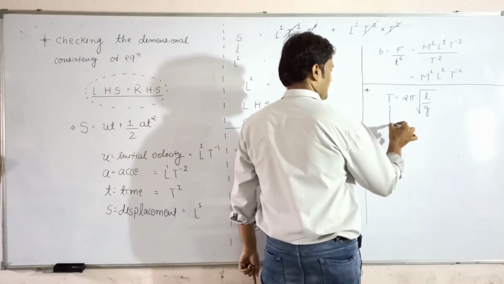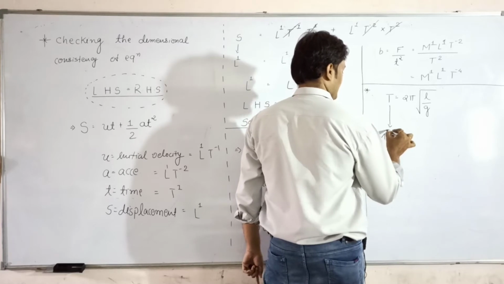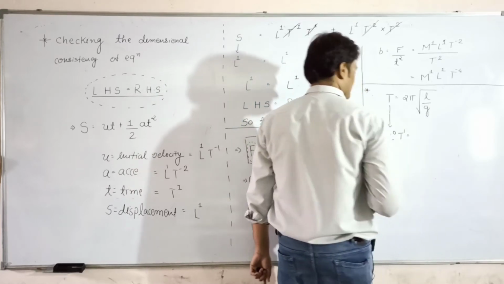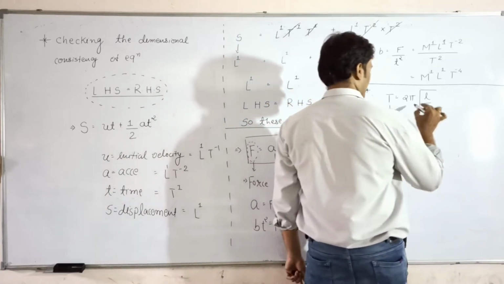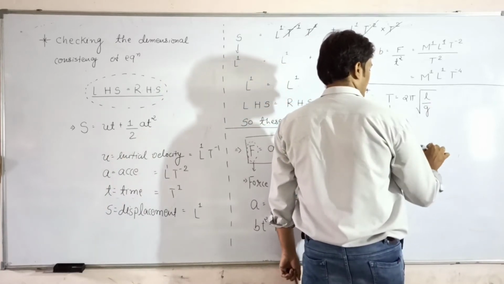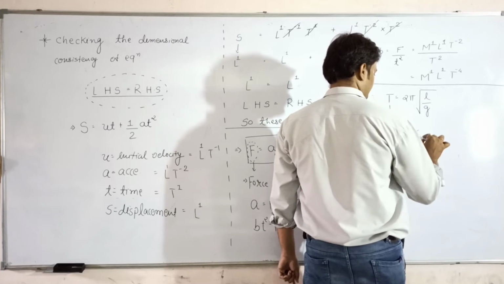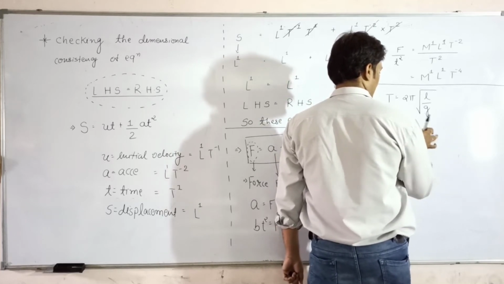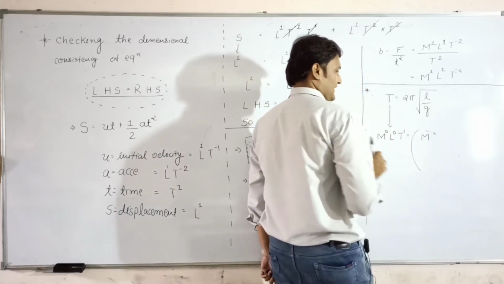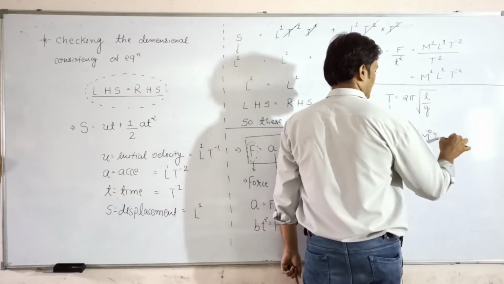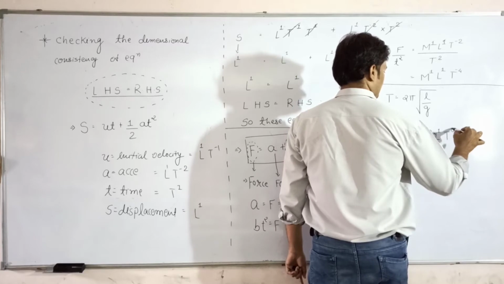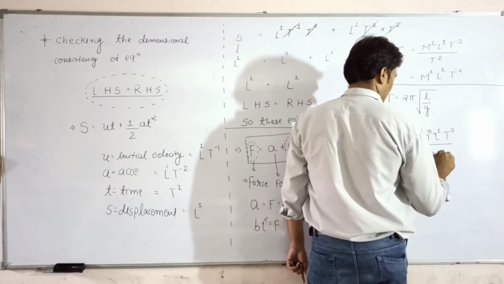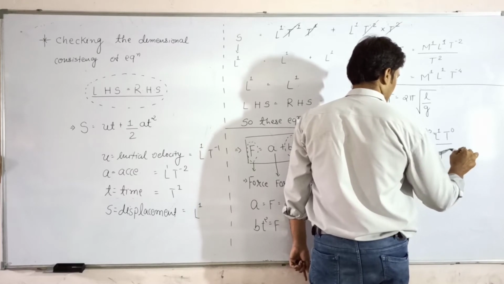Here the time period is M0 L0 T1. 2 pi is a constant value, it has no dimensional formula. And here under root, L is equal to length of the string, that is M0 L1 T0, and G is L1 T minus 2.